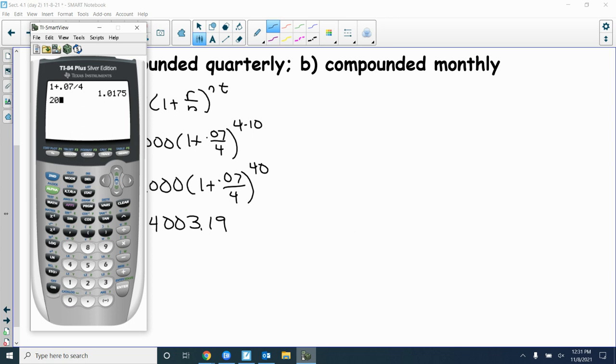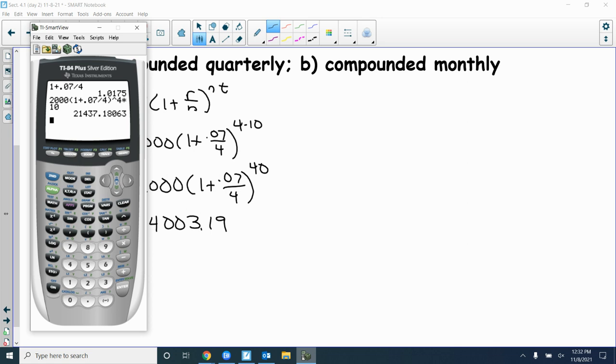Second thing, like I said, if you've got one of these models, if I type in 1 plus 0.07 divided by 4, and I type it in to the 4 times 10 power like this, it gives me 21.437. Okay, that's a lot better, isn't it? Yeah, but it's wrong. What's my calculator doing wrong? It's doing order of operations.